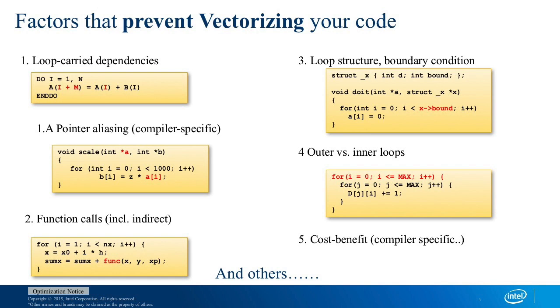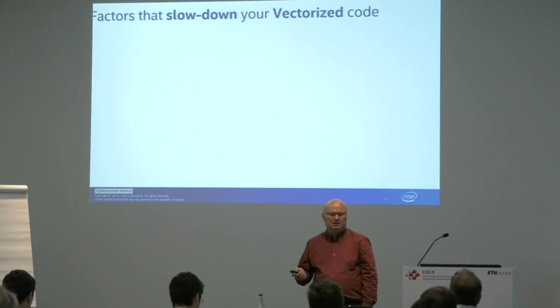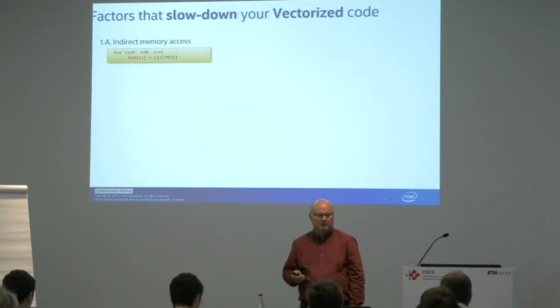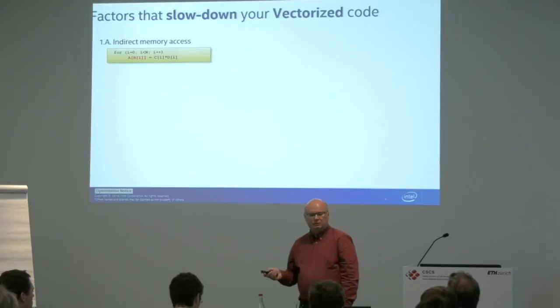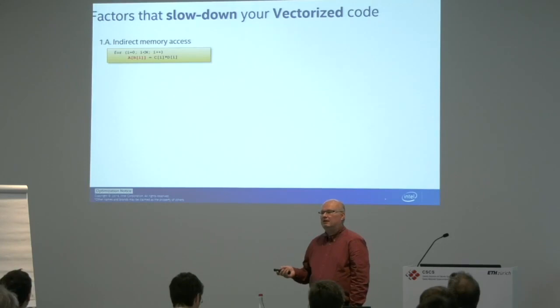Next step would be, if you have vectorized loops, how do you know if they are efficiently vectorized? So what factors can slow down your vectorization? So first of all, it's the indirect memory access. And it came to my memory when I started with HPC, the vector machines of Cray.